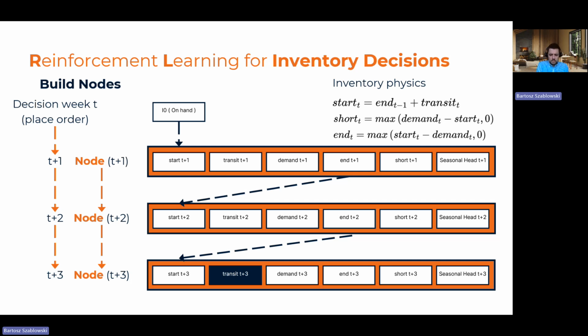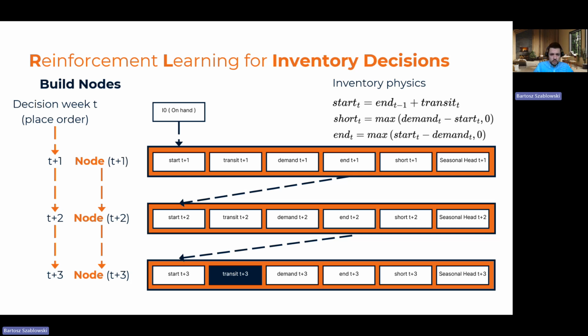Before I go into the details, you may ask, why do I want to use a graph instead of just putting everything into one flat vector? The reason is that the future weeks are not independent. What happens in week t+1 affects t+2, and that affects t+3.